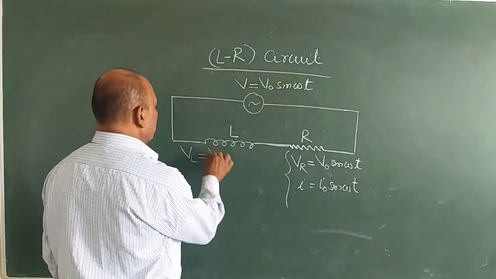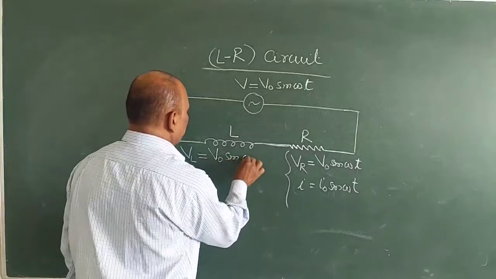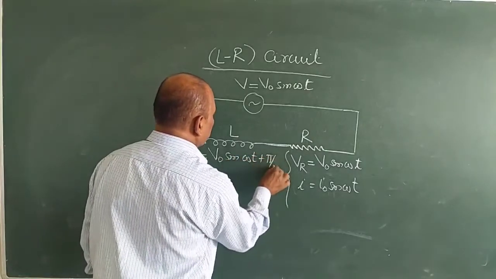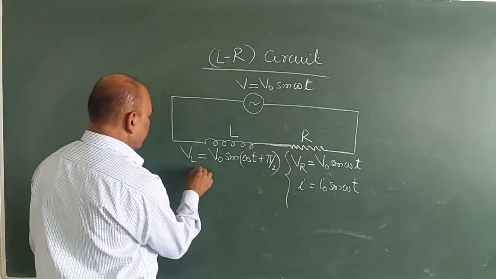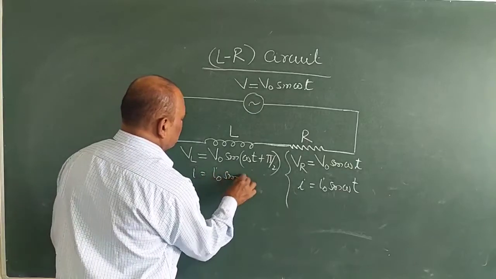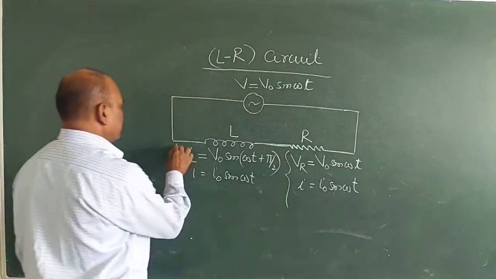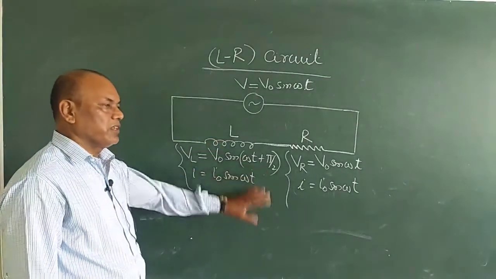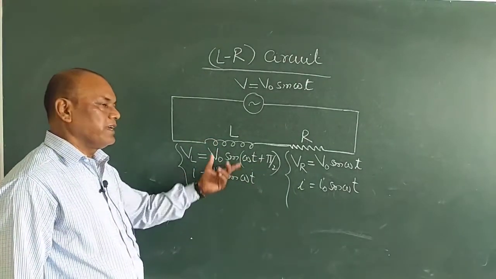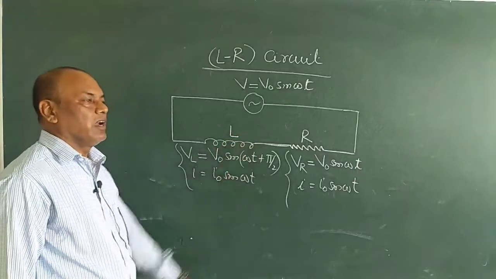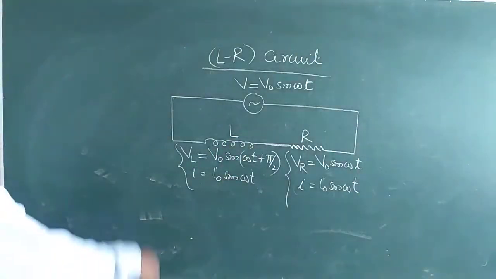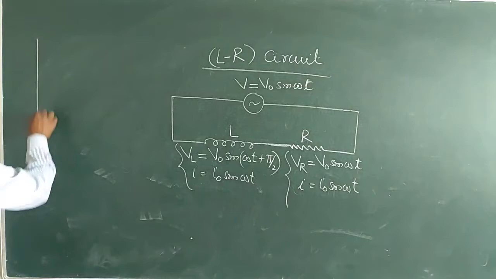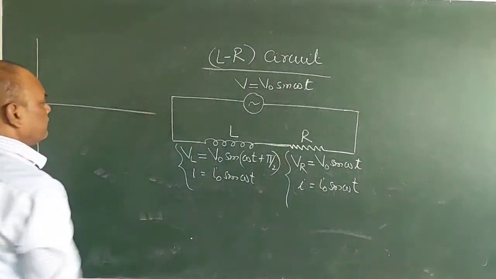So VL is equal to V0 sin (omega t plus pi by 2) and I is equal to I0 sin omega t here. So this is the situation between voltage and current in the case of L and R. Now we would like to show it as a phasor diagram.